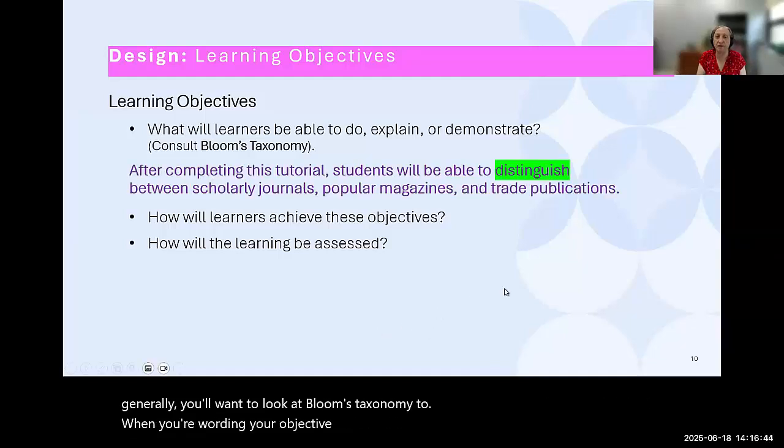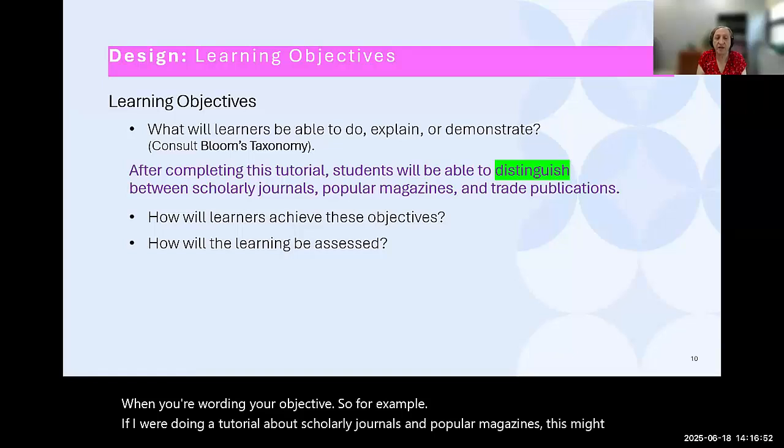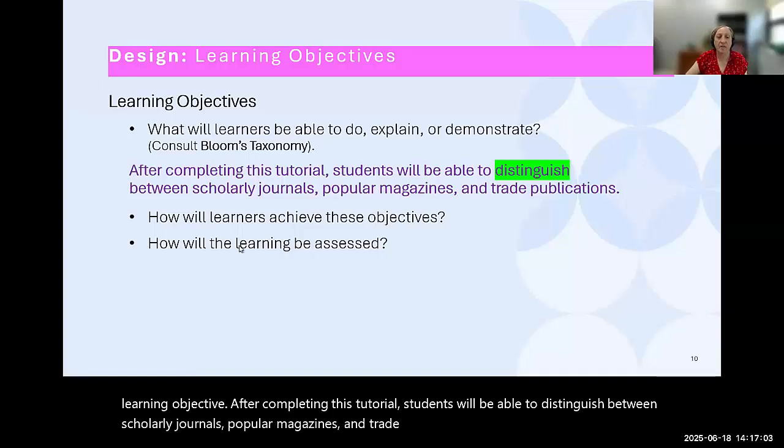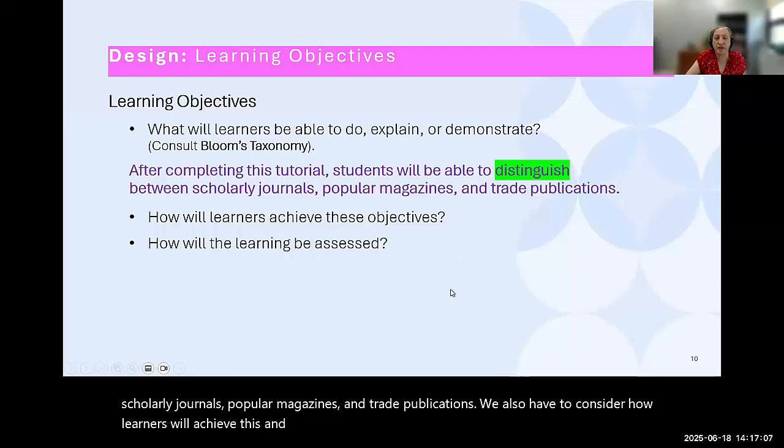So for example, if I were doing a tutorial about scholarly journals and popular magazines, this might be my learning objective. After completing this tutorial, students will be able to distinguish between scholarly journals, popular magazines, and trade publications. We also have to consider how learners will achieve this and how will learning be assessed.